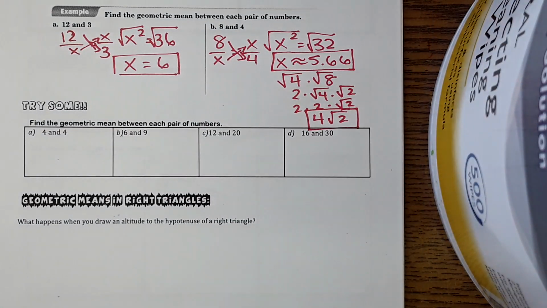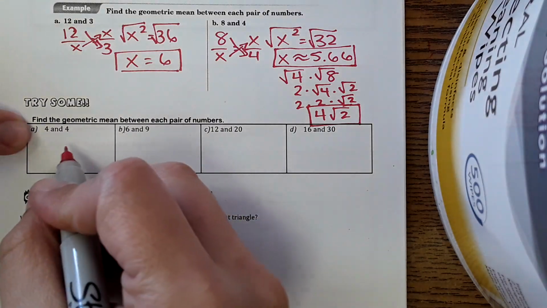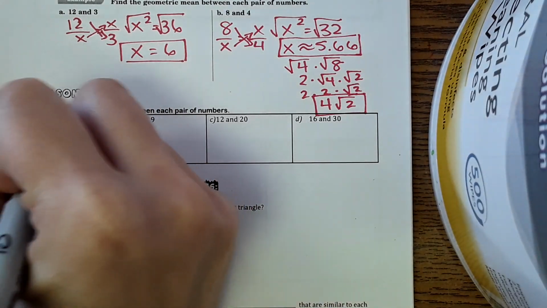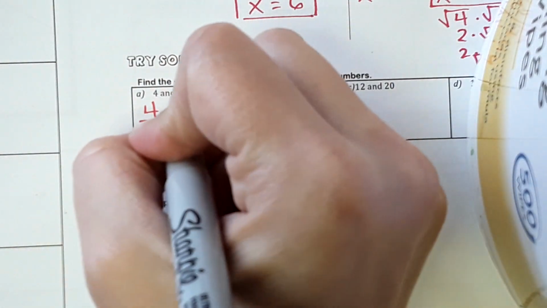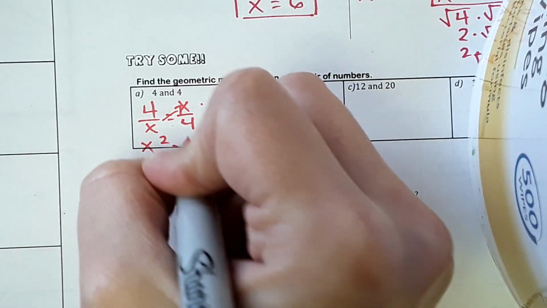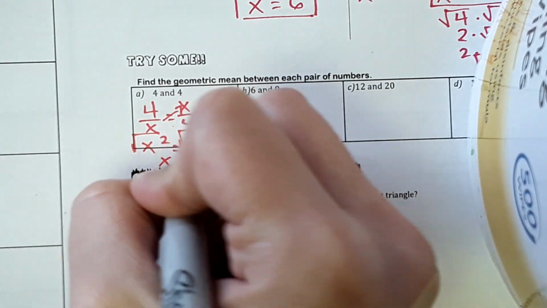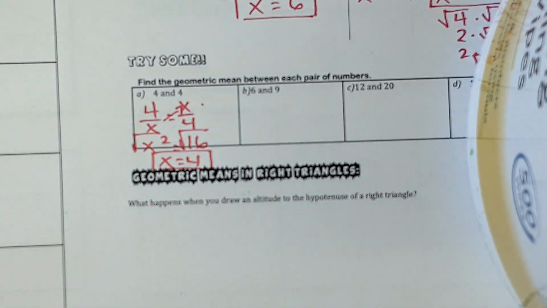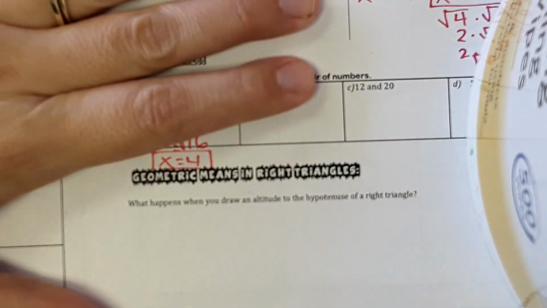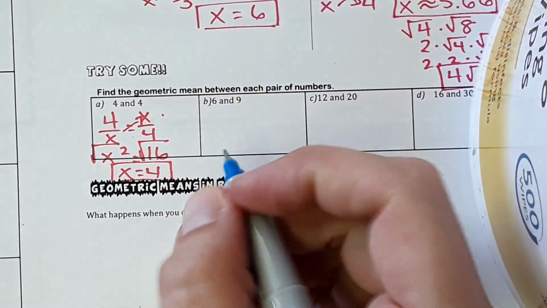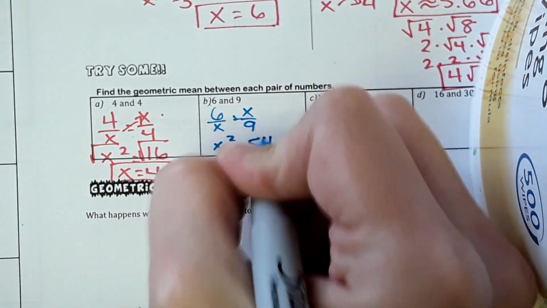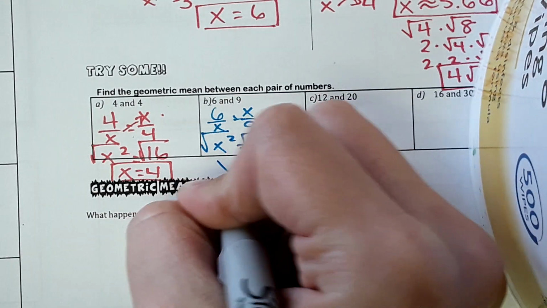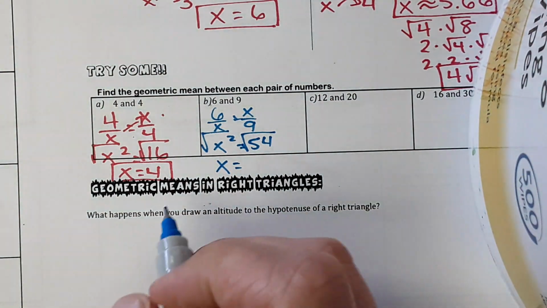Okay, so now we're going to do some practice with geometric mean. And for each of these, 4 over x equals x over 4. And we'll just go through and do them all. And for 54, I could simplify it.